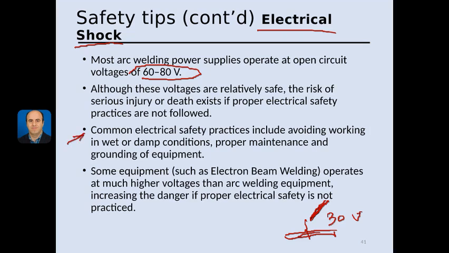But you have to pay attention. If the machine has an electrical issue, it has to be addressed, because otherwise it may bring some electrical shock. And also we have to avoid working in wet or damp conditions.